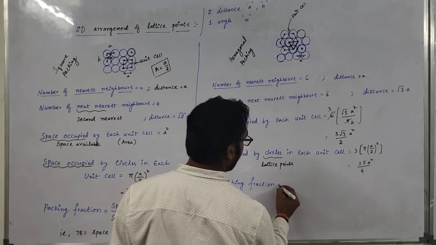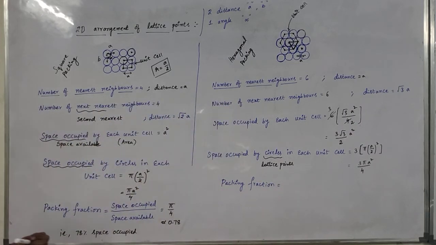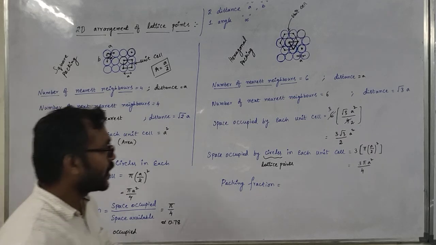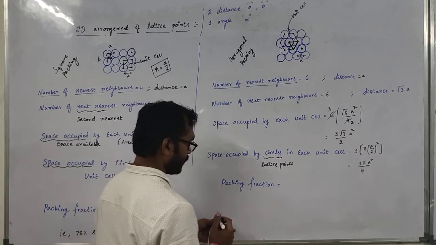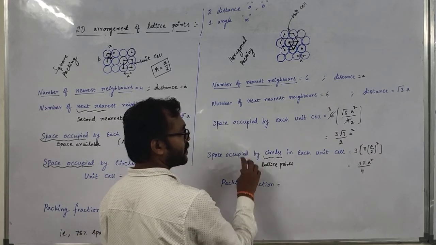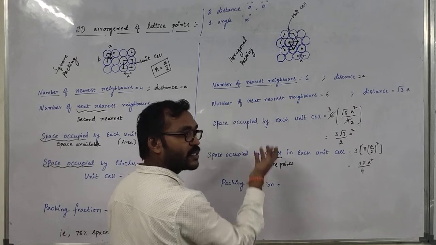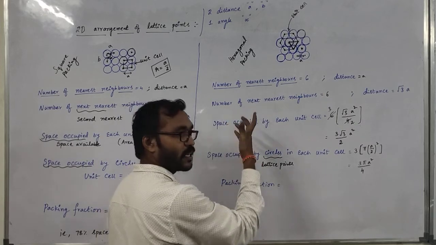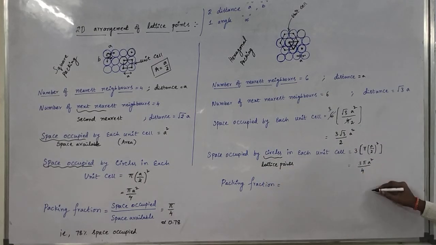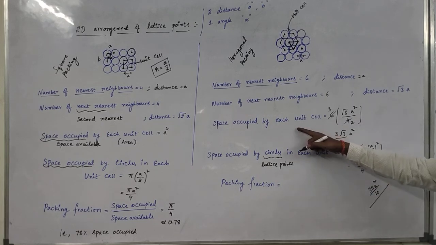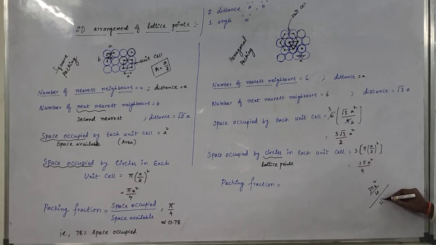Packing fraction is space occupied upon space available, that is the space occupied by lattice points upon the space of the unit cell. The space occupied is 3 pi a square by 4, divided by the space of the unit cell, 3 root 3 a square by 2.